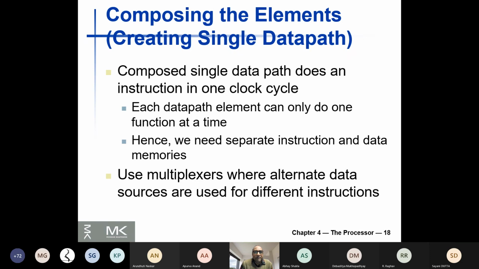That's what we are doing here. Today we'll see how to compose all the different data path components to create a single data path with which you can execute all the instructions of a particular instruction set architecture.